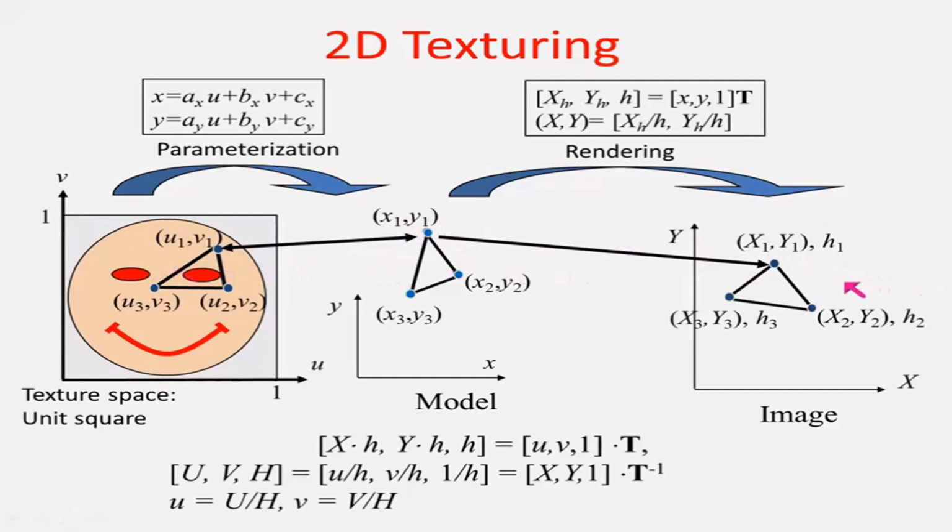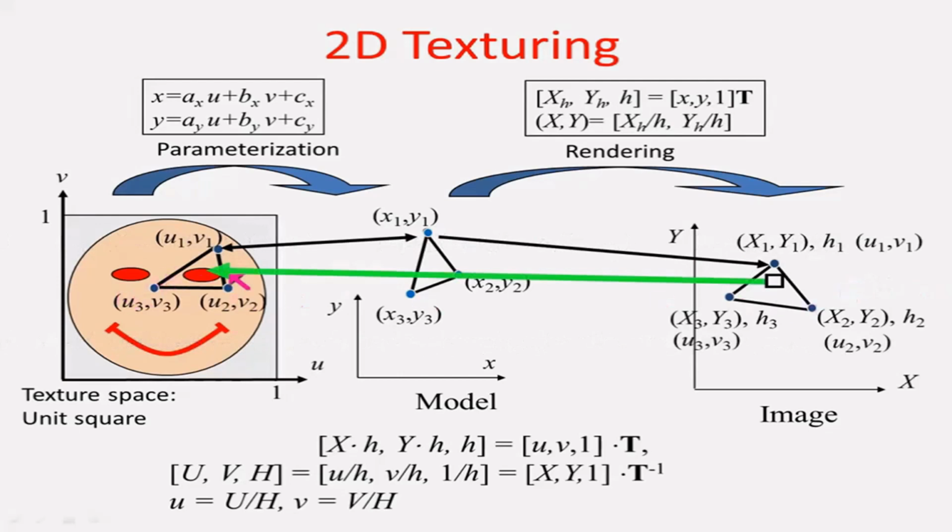The triangle is rasterized in screen space. When a pixel is processed, texture coordinates u and v must be determined from pixel coordinates x and y, which requires the execution of the inverse of the homogeneous linear transformation connecting the texture space to the image space.